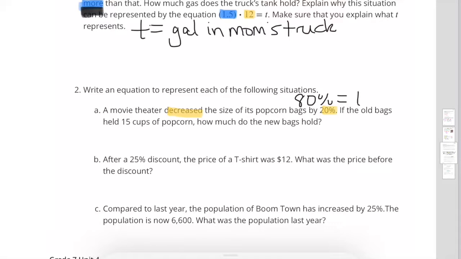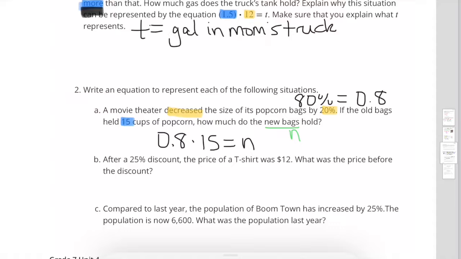So if I change that to a decimal, it'd be 0.8. Okay, and I know the original amount is 15 cups. So it'd be 0.8 times 15, and that would give me my new bags. So I'm going to say my new bags is represented by N. So 0.8 times 15 equals N.